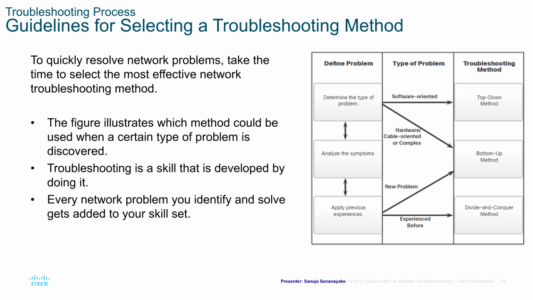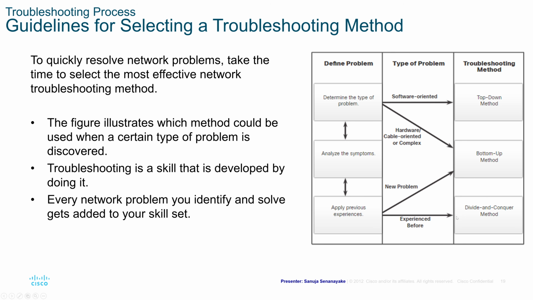So on the right hand side, the diagram, if you look at it, here you have defining the problem, the type of problem, and the troubleshooting method listed, and you can determine the type of problem, analyze the symptoms, and apply previous experience. Or you can determine the type of problem and go to the top-down method or bottom-up method, for example. Or you can go to applying previous experiences.